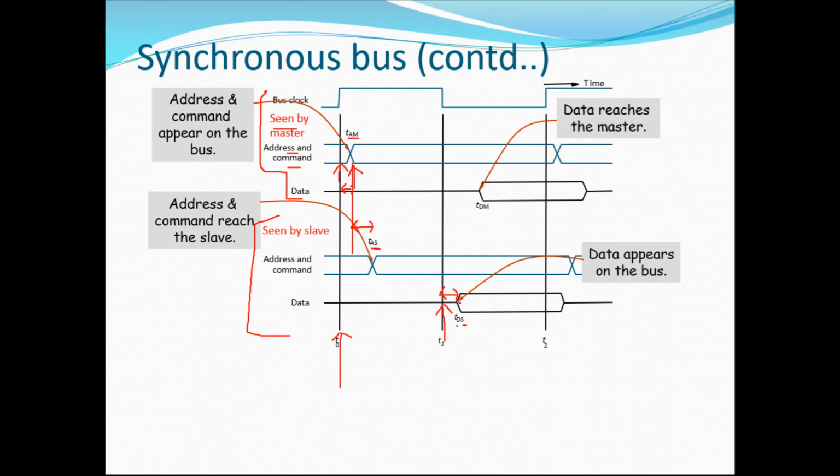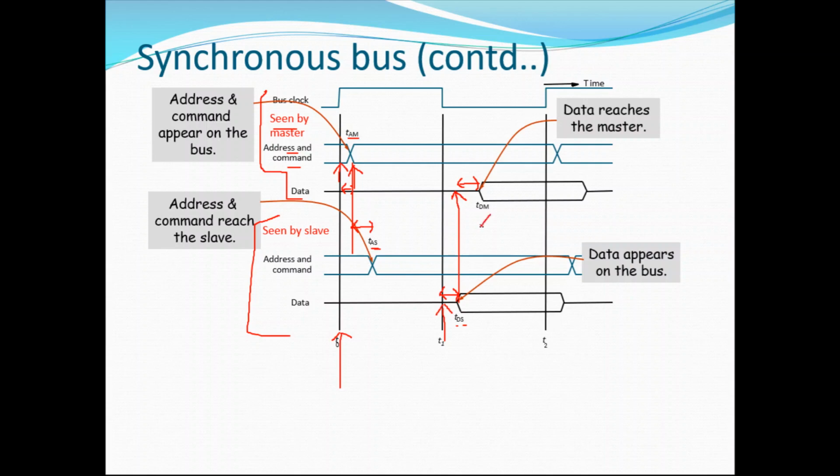Data is placed at this time, but still the master is unable to see the data. You can see here, the master is able to see the data on the data bus only at time TDM. This delay between TDS and TDM is called the device delay. Now the data has reached the master, but again the master will not read it immediately.